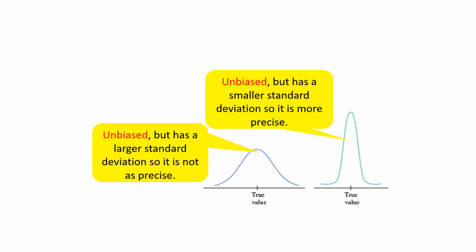This one is unbiased but has a large standard deviation, so it's not precise. But the slim and thin graph has a smaller standard deviation, so it is more appropriate to use. This one, the data is more spread, so it has the bigger standard deviation.